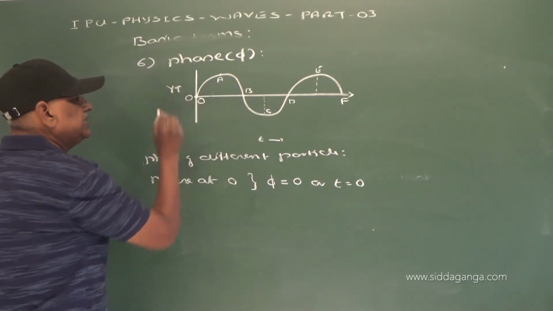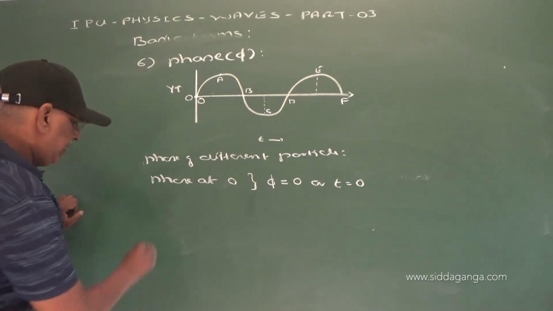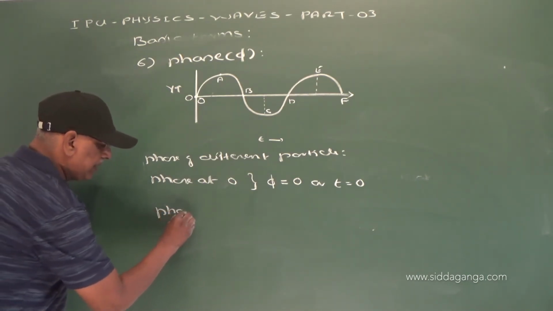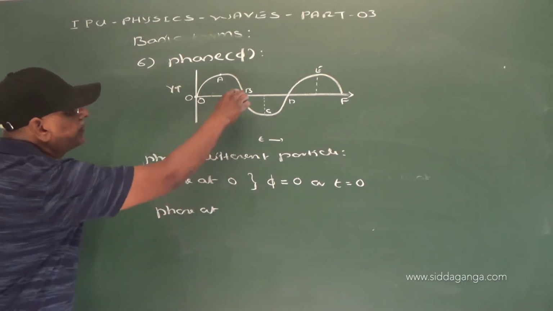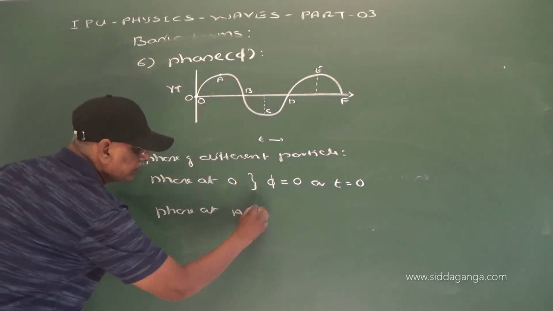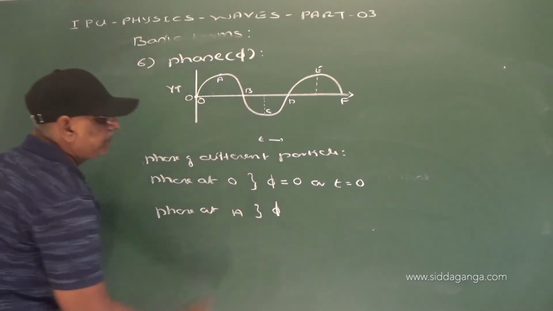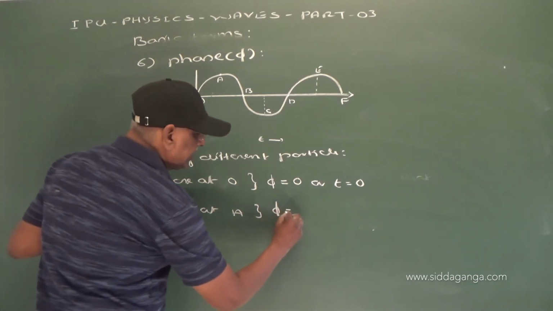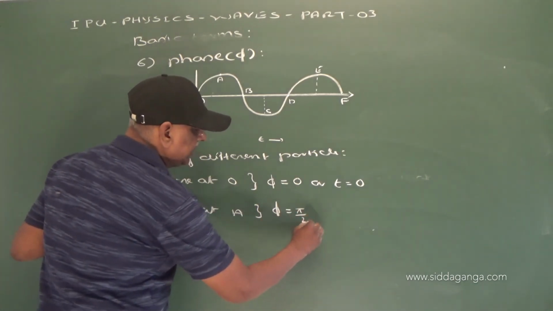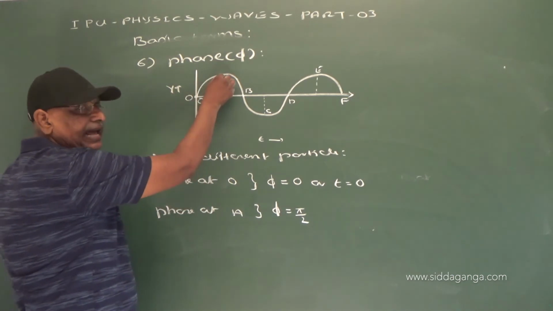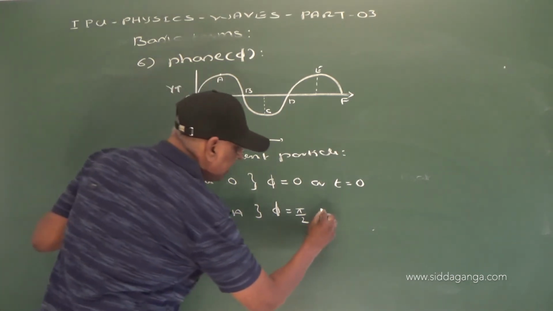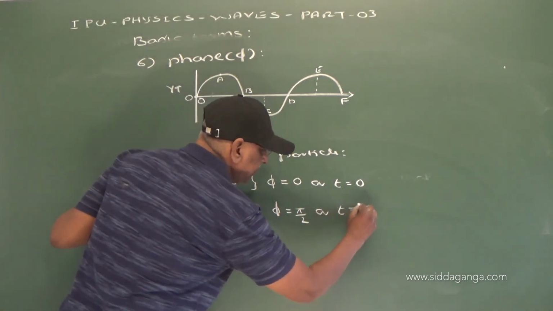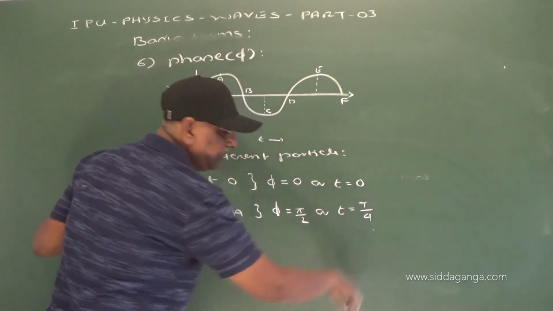So here the phase is 0. Now the phase of the particle at A: here phi is equal to pi by 2 because it has covered an angle of 90 degrees, or the time taken is equal to T by 4.